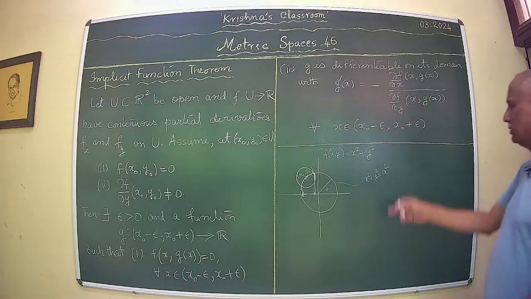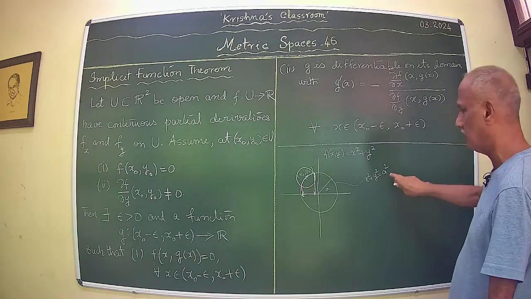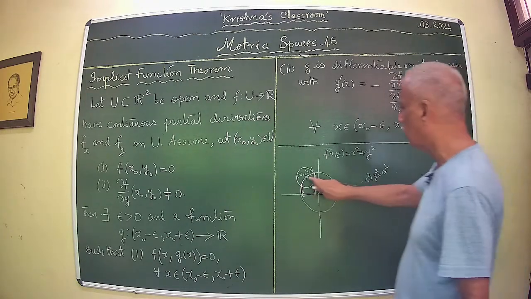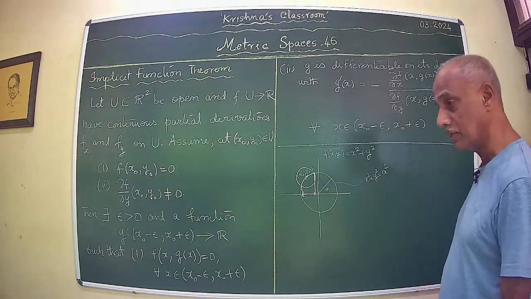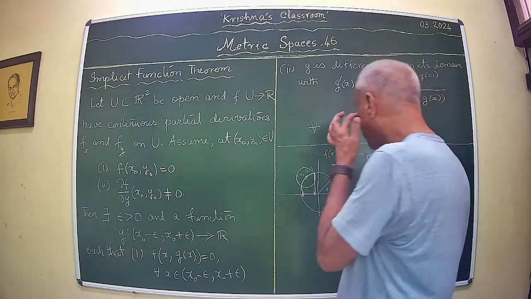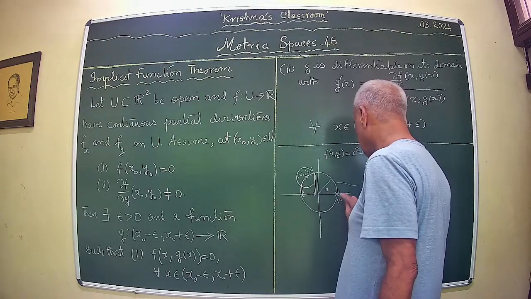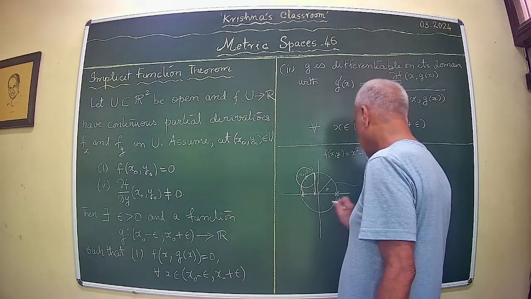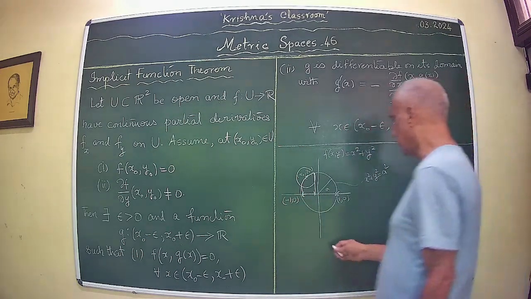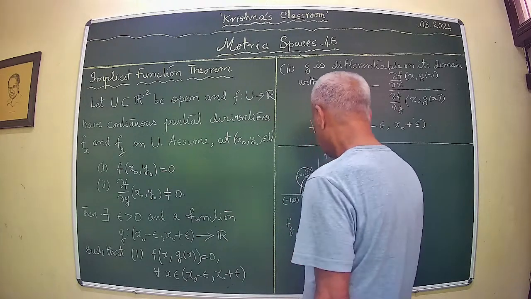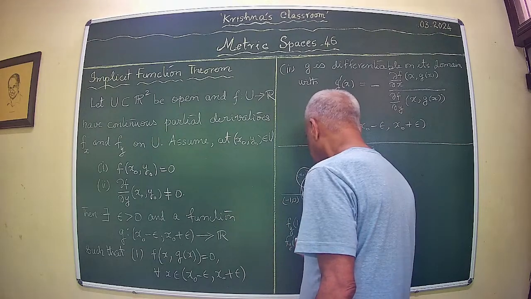That means you can solve this equation x square plus y square equal to a square in the form y as a function of x in the neighborhood of a point (x naught, y naught), in some neighborhood of (x naught, y naught) lying on this, except possibly at 2 points. The 2 points where it fails are (1, 0) and (minus 1, 0). There you see that Fy at (1, 0) equals 0.